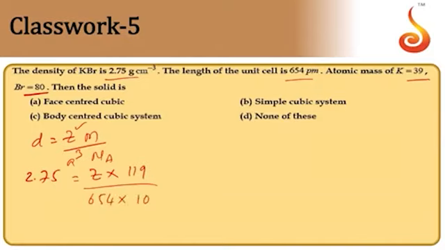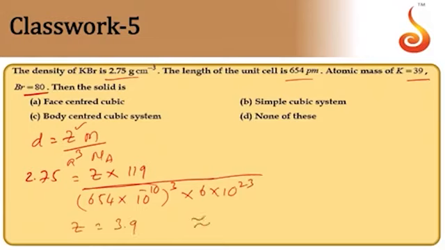We require it in centimeters because density is in grams per cc. The whole cube into Avogadro's number, 10 to the power of 23. So it must be simplified further to get the value of Z.